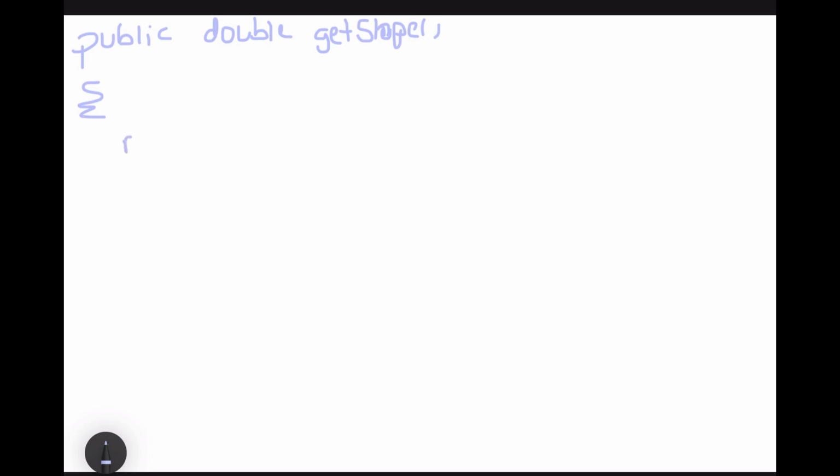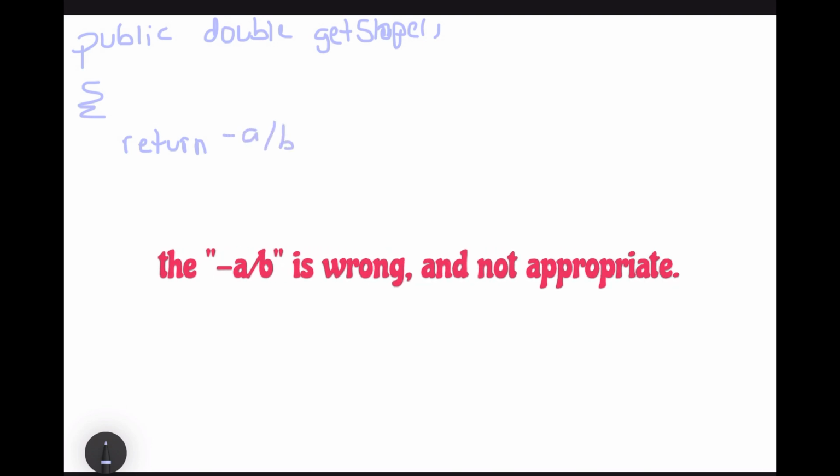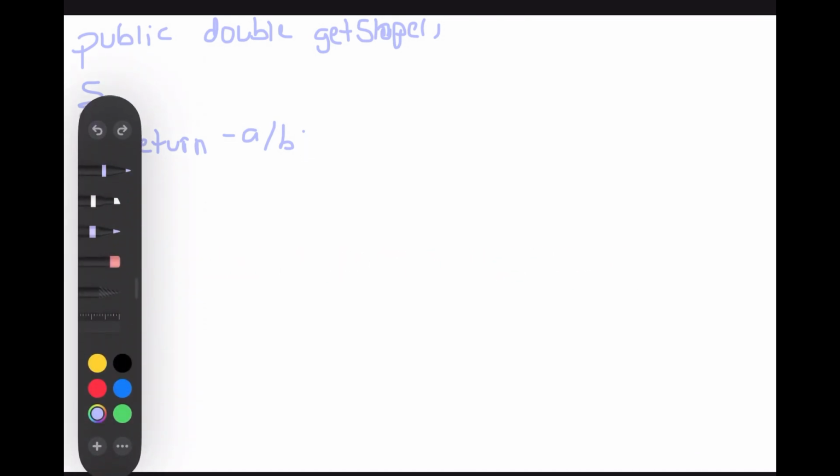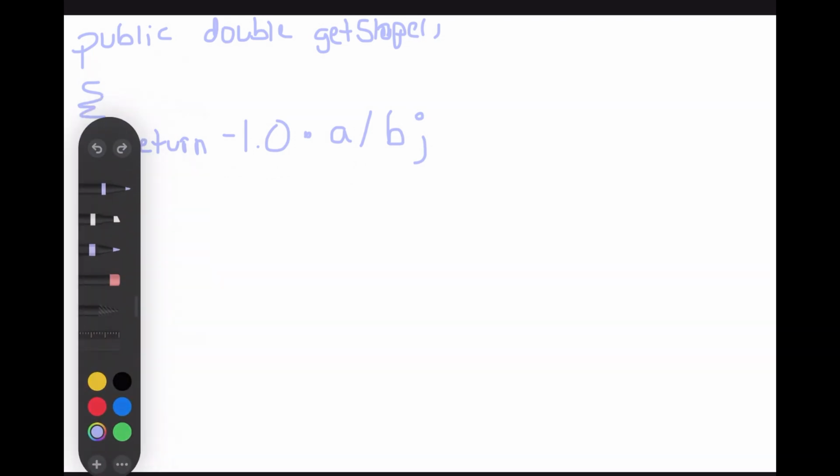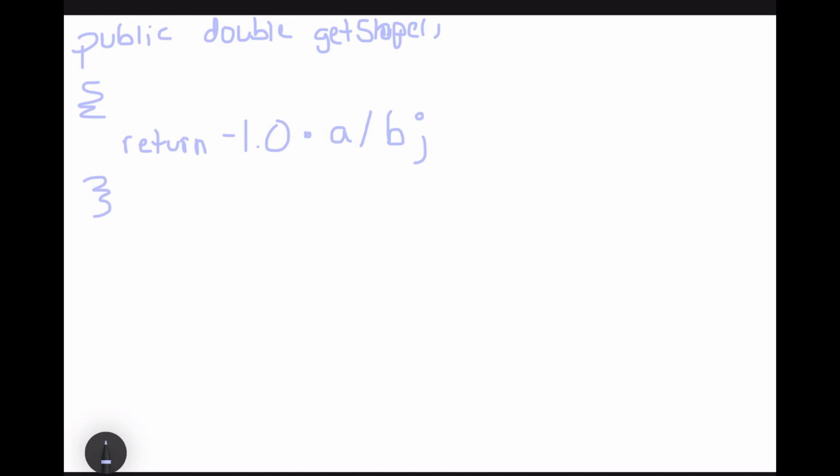We would do return, instead of doing negative A over B, which most people would do, we have to do negative 1 point 0 times A divided by B, because that's changing this to a double. And that's our first method that we had to do.